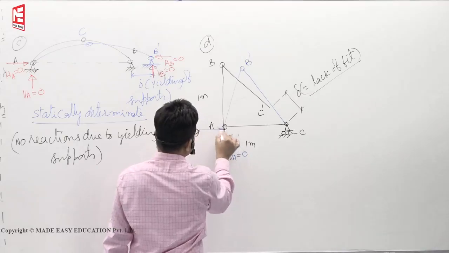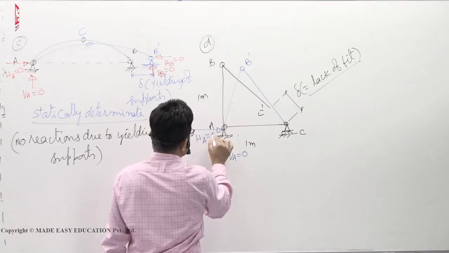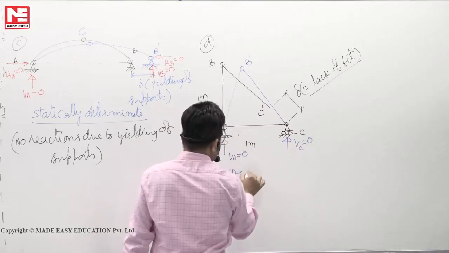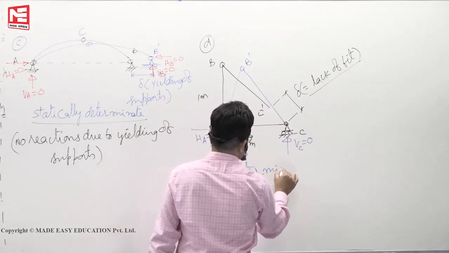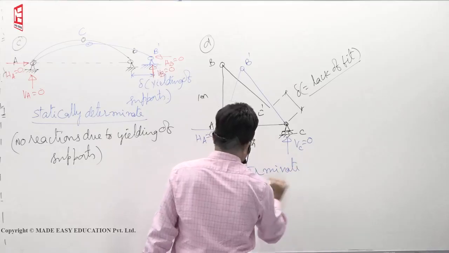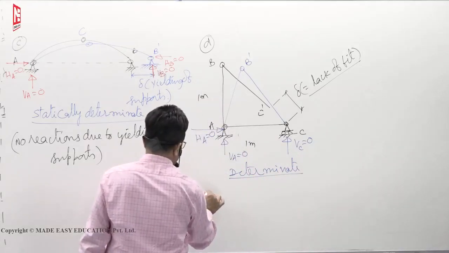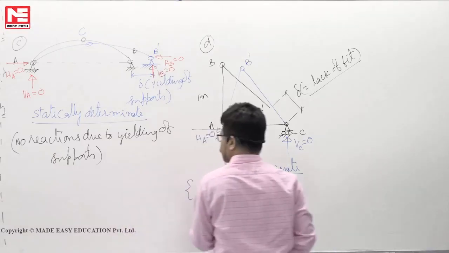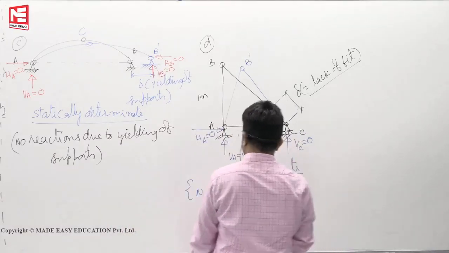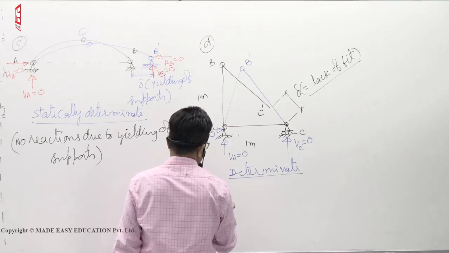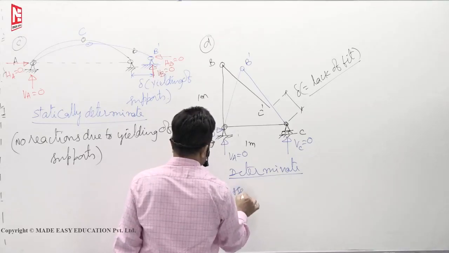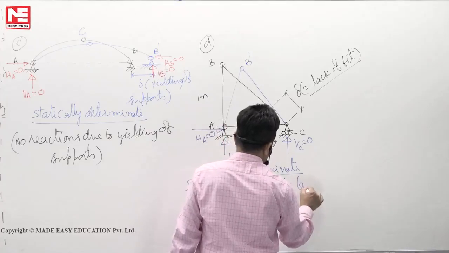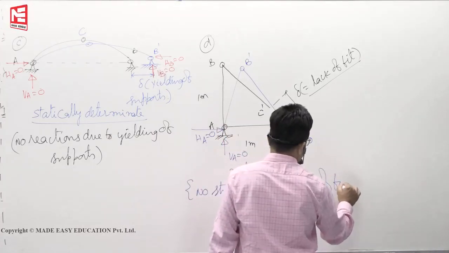VA is 0, HA is 0, VC is equal to 0. Again, this is a statically determinate structure. No stresses or no reactions. Or we can say no stresses also due to lack of fit.